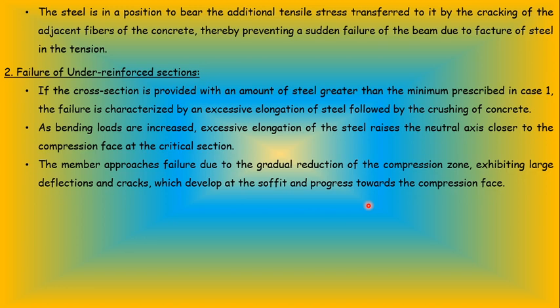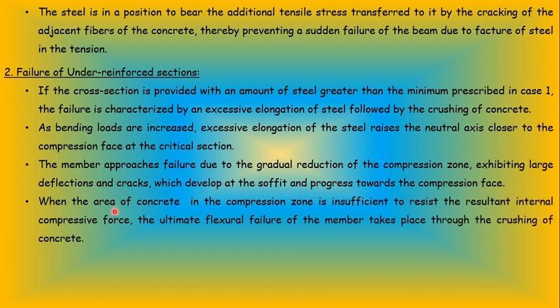Means when the member approaches failure, the compression zone is on the top and deflection cracks are at the bottom, in the tension zone. They go on approaching in the upward direction, that is, towards the face of the compression zone.